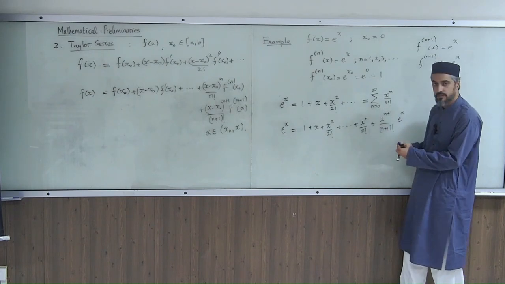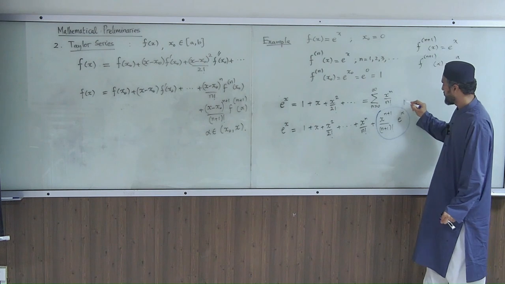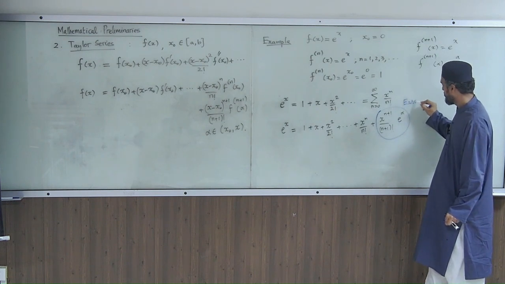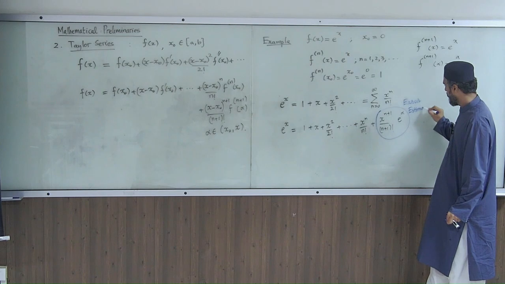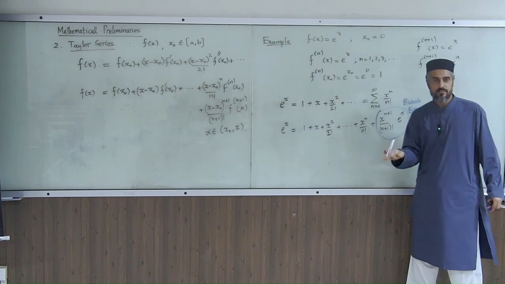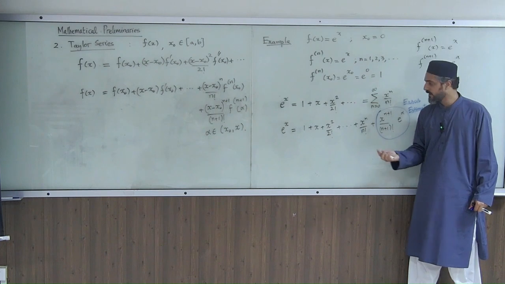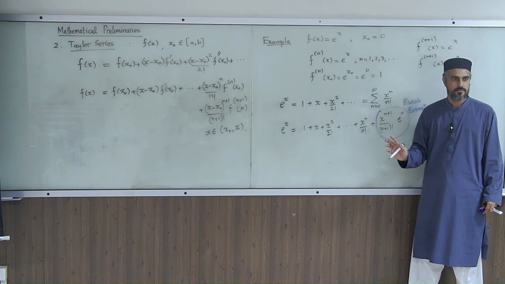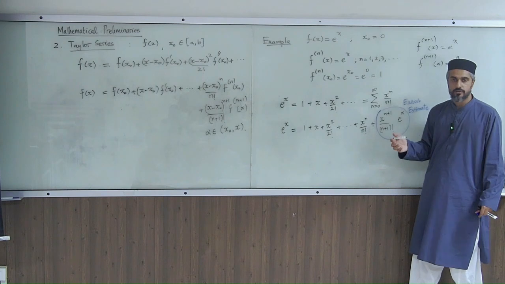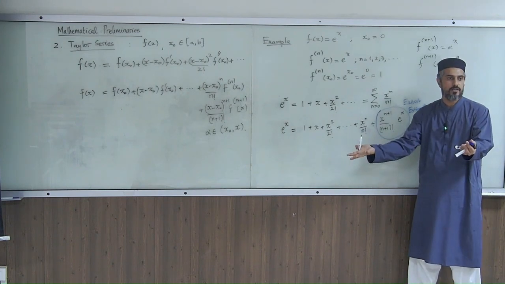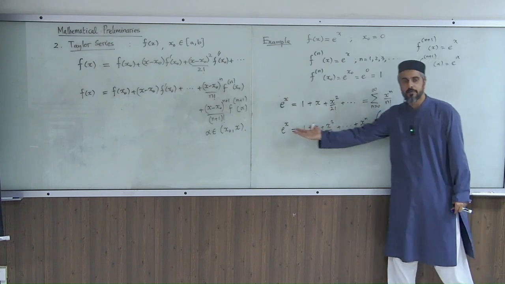This is a special term. This term will give us the error estimation involved in the approximation of e power x. It will give us an estimate of how much error is involved if you take this representation of e power x.